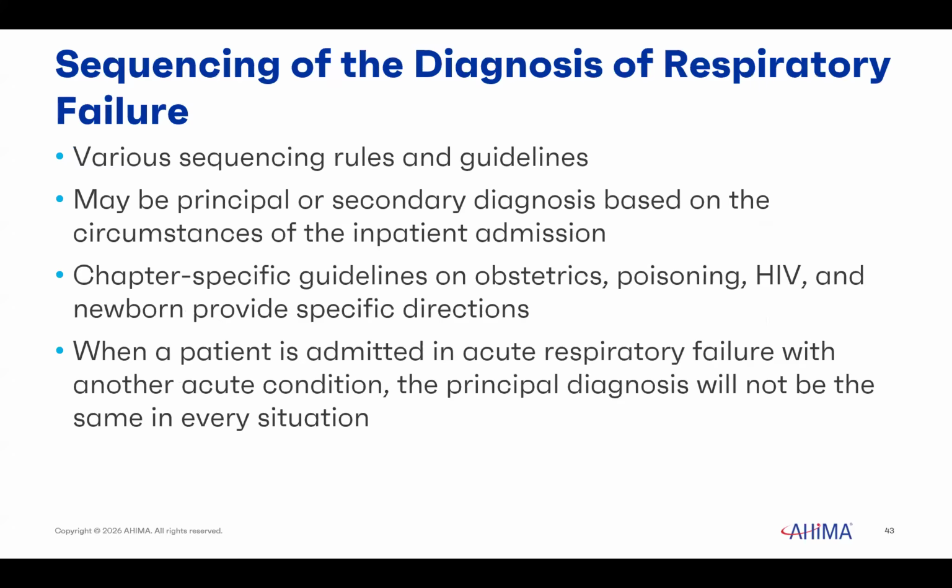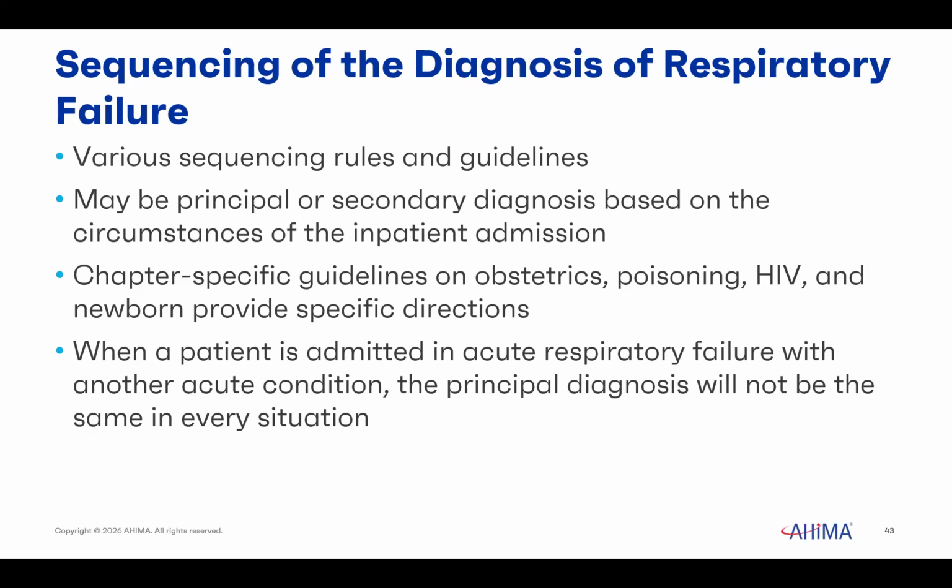And the sequencing. People always have questions about the sequencing with respiratory failure. Think about why the patient was admitted after study to the hospital. If that's the case, it will be the principal diagnosis, in other words, the first listed ICD-10-CM code on the inpatient chart.